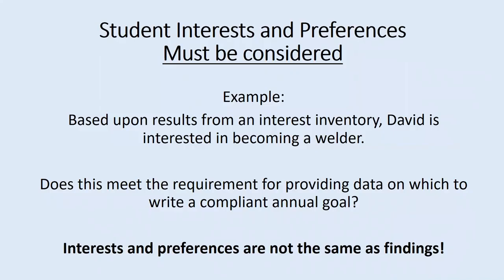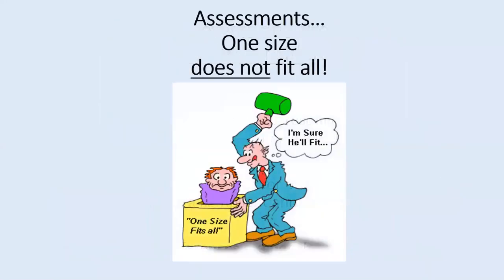Those may be transition needs, but as the student gets into more and more community-based kinds of trainings, then those needs will become that much greater, and we should then see findings based on the needs the child is demonstrating in that setting. But assessments have to be individualized, just like the rest of the IEP.